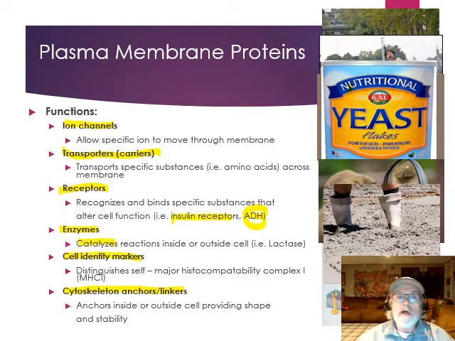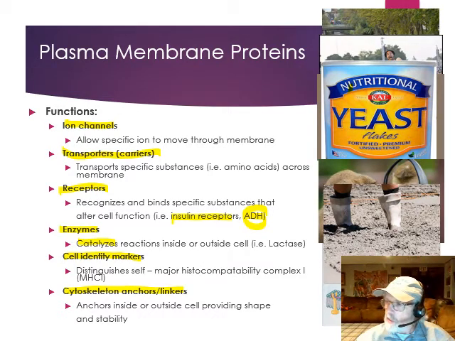Ion channels allow an ion to pass through the membrane. Transporters are proteins that carry things from one side of the membrane to the other side. Receptors are sensitive, like a lock and a key, receptive to a particular substance, which allows another action to take something inside the cell.